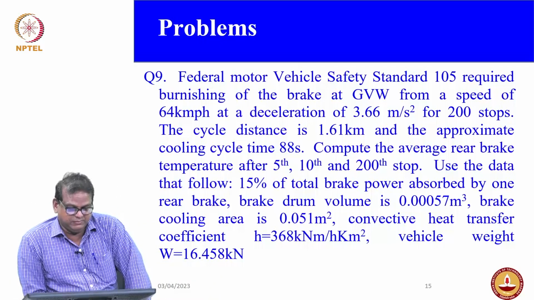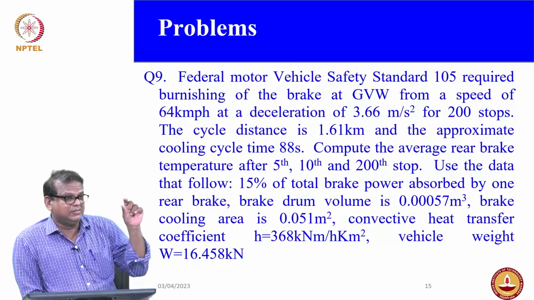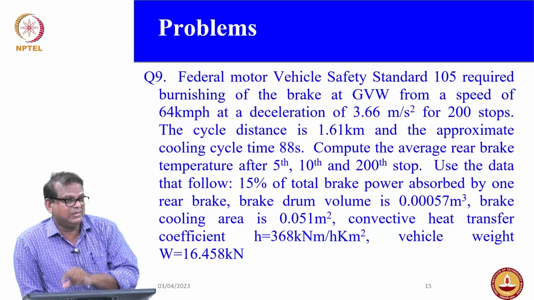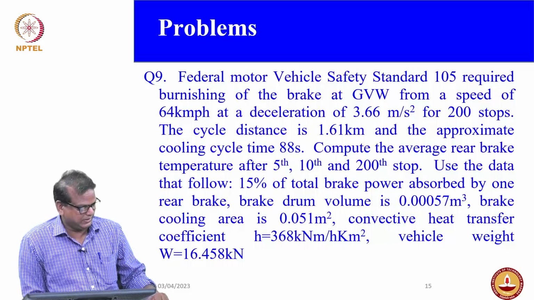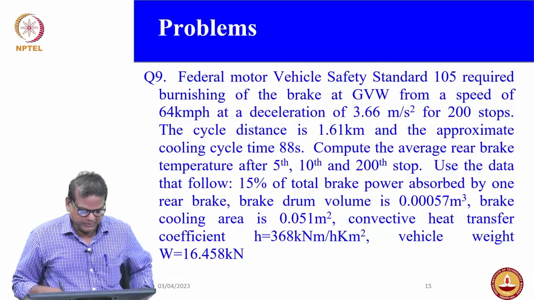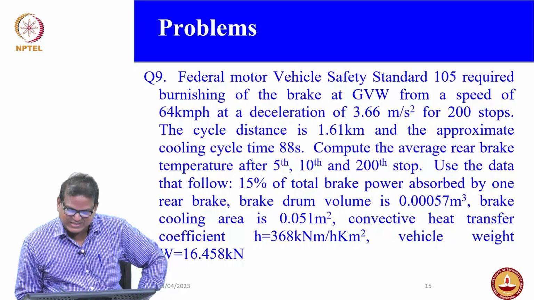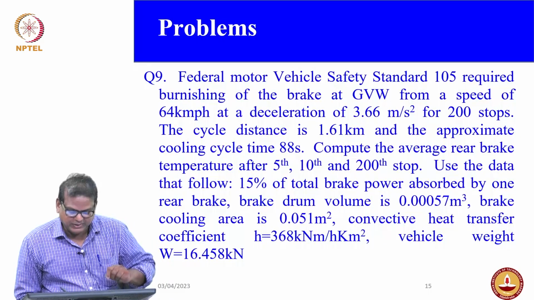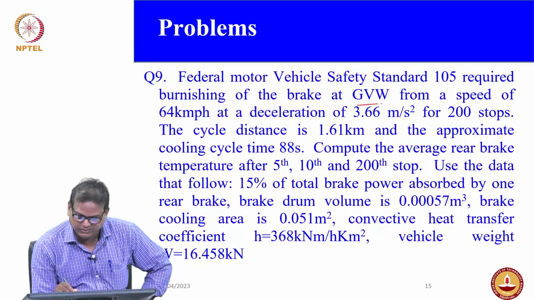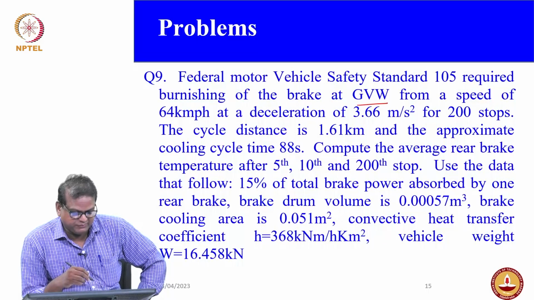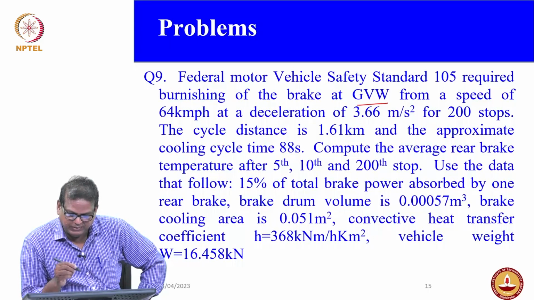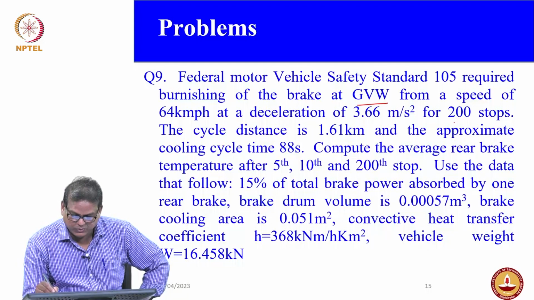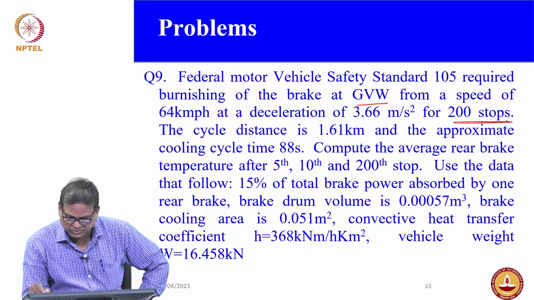Problem number 9. We did problem number 8 for the selection of the brake lining, remember, based on the SAE code. Now, Federal Motor Vehicle Safety Standard 105 requires burnishing of the brake at gross vehicle weight GVW from a speed of 64 kilometer per hour at a deceleration of 3.66 meter per second square for 200 stops.